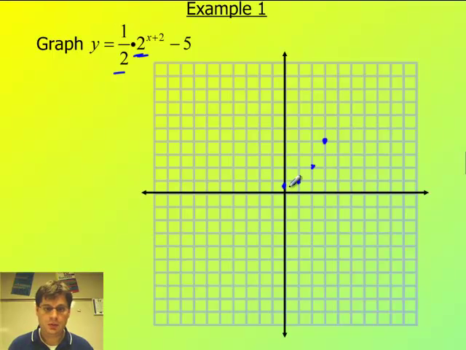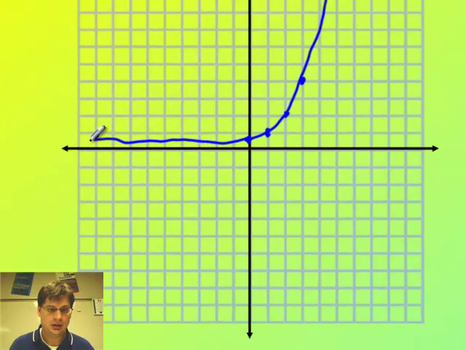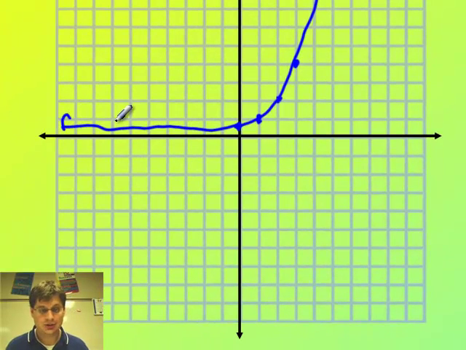That would be enough points going in that direction. So I know that it's going to have a curve going upwards, going through those points, and then it's going to come down, and it's going to get closer to the x-axis where that asymptote lies.